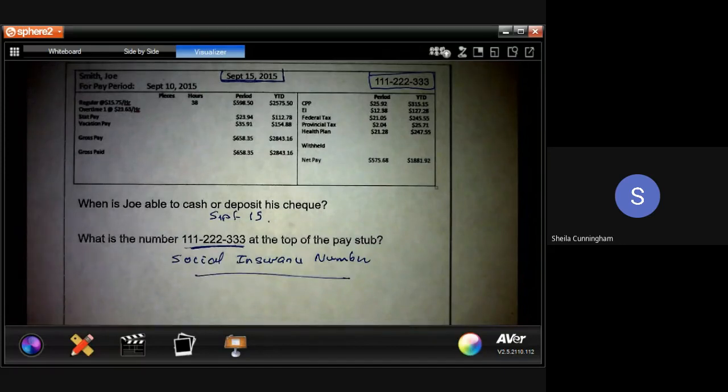That's the way the government has a way to identify you. Every person that has a job will have a social insurance number. So that's one thing your employer, if you're looking for a job, is going to request, because it's like your tag.